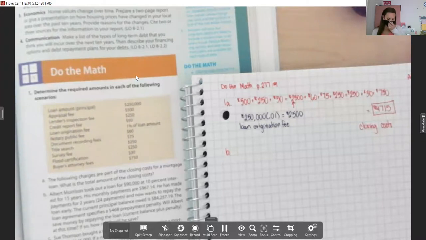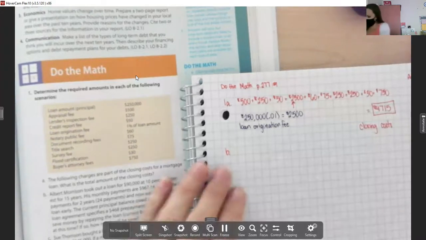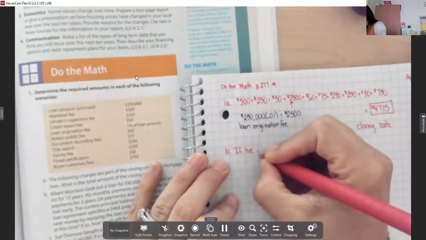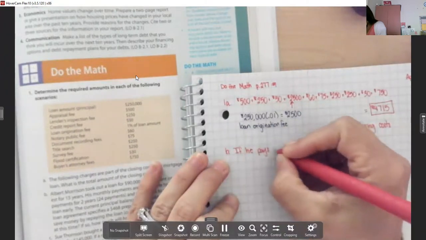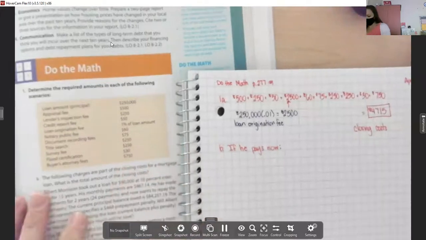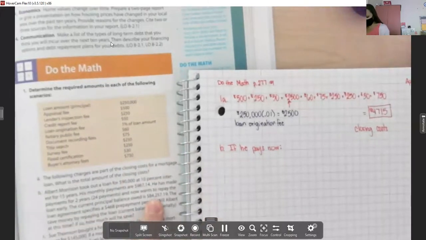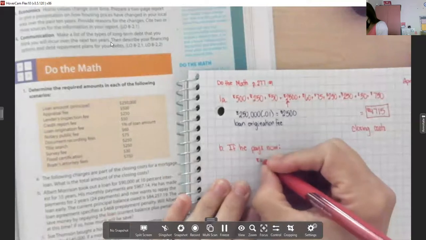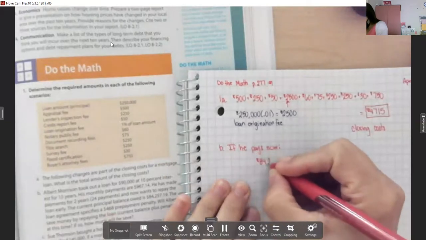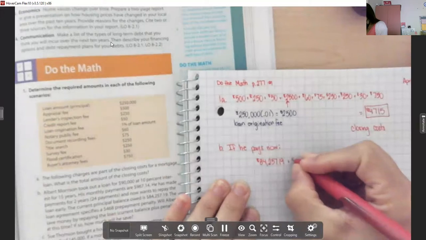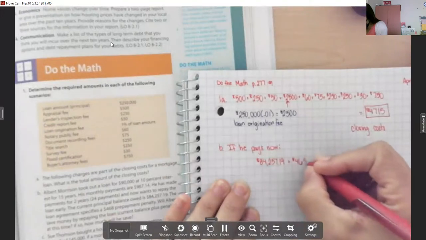So if he pays now, we're going to kind of look at the different scenarios. So if he pays now, he's going to pay the balance plus the prepayment penalty. So if he pays now is $84,257.19 plus the penalty of $468.